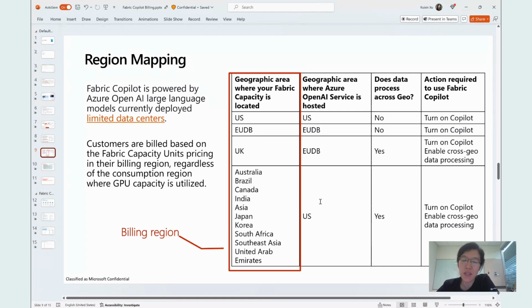Which price do I need to pay for my Copilot? The answer is that no matter which region your Copilot is mapped to or processed in, you are always billed based on the capacity unit pricing in your capacity region, where your Fabric capacity is located. So no matter what happens behind the scenes, even if we map your request to a different region, we will always charge you using the price where your capacity is located.